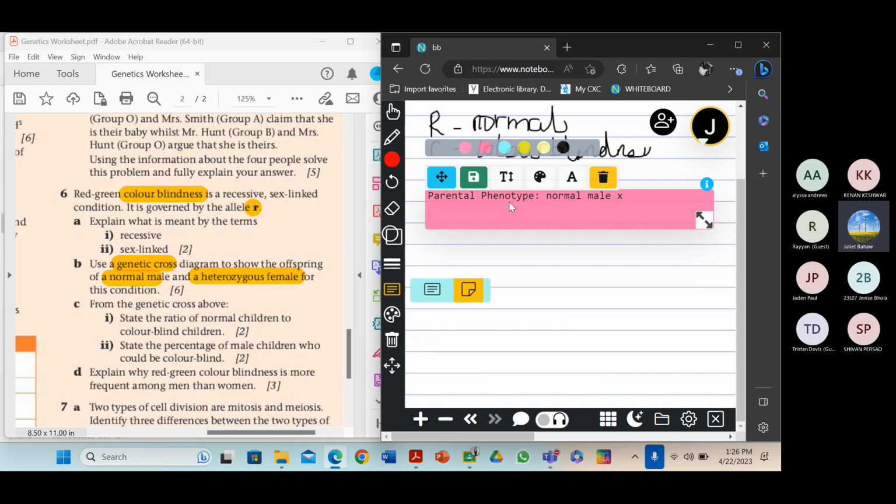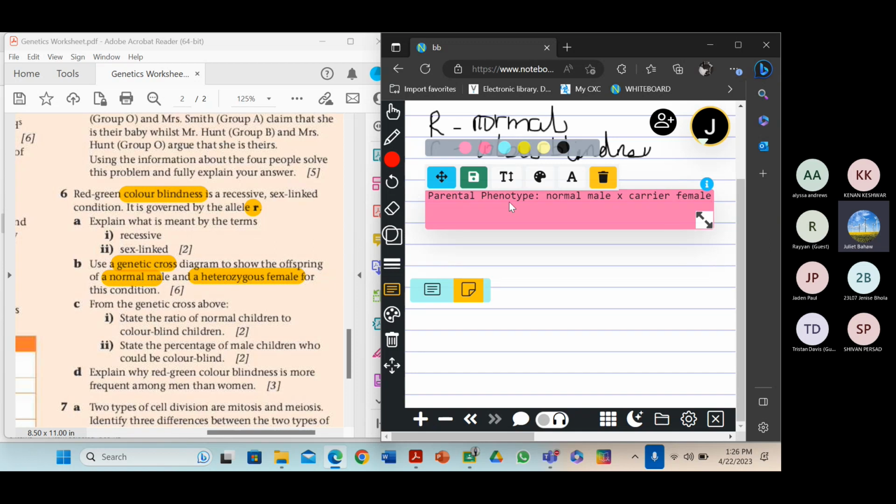What's our next way we can say it? We just learned it. What's the term you just learned for heterozygous dominant? It's a carrier. Excellent. Carrier female. So it means that she is carrying the recessive allele, but she does not have the disease.